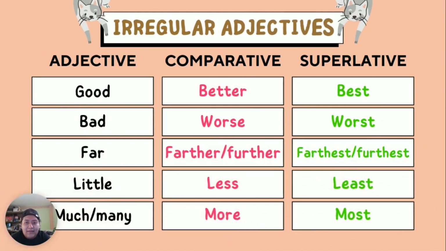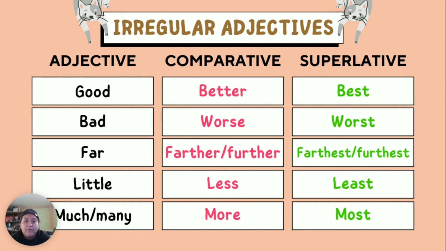Here we have an extra. Irregular adjectives. The irregular adjectives are good, bad, far, little, much, many. Here we have the comparative and superlative form of each irregular adjective.